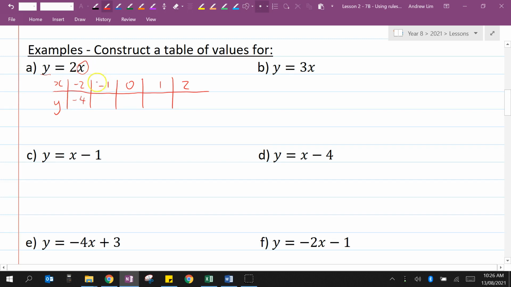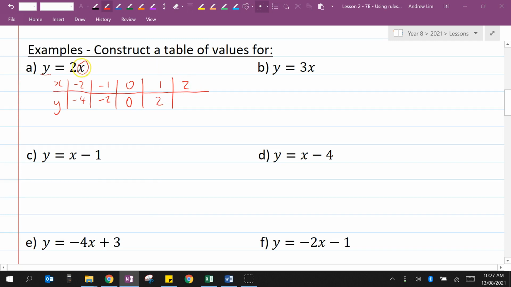If x is minus 1 this time, then y is equal to 2 times minus 1, which is minus 2. If x is 0, we have 2 times 0, which is 0. If we have x is 1, we've got 2 times 1, which is 2.